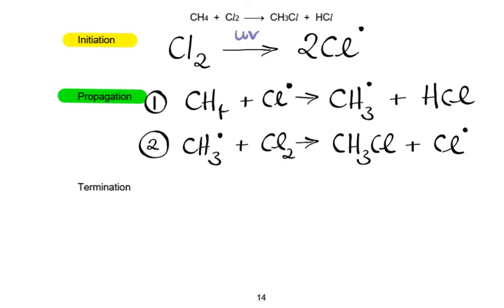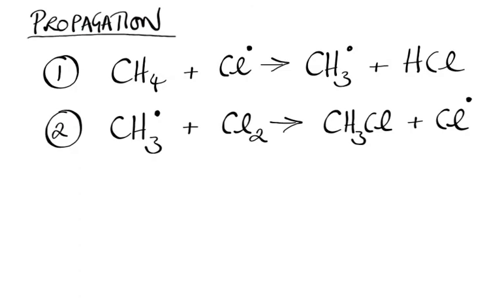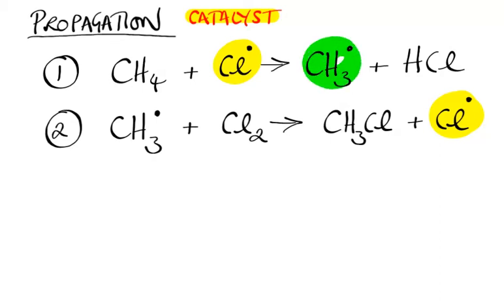Let's have a look at those two equations together. So in the first reaction, we used the chlorine radical, which was regenerated in the second reaction. That makes the chlorine radicals a catalyst in this process, whereas the methyl radicals were produced in reaction number 1, but then they were used up in reaction number 2.